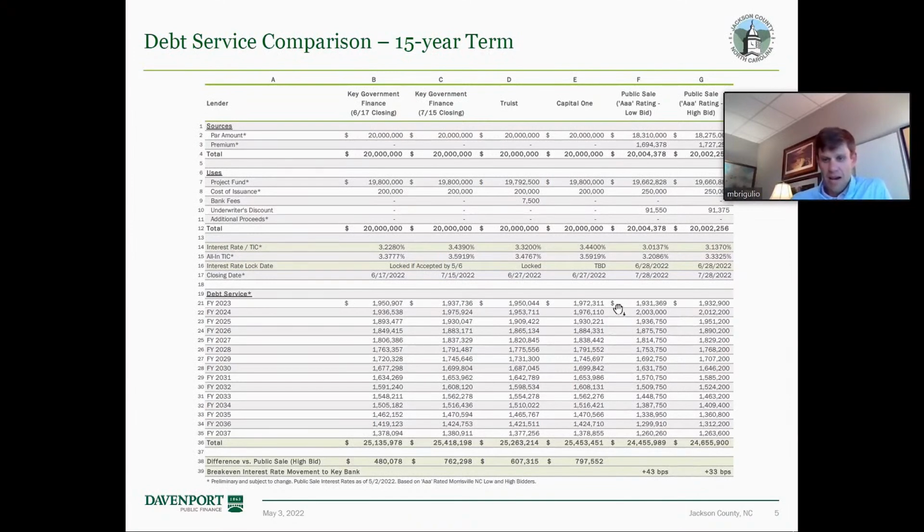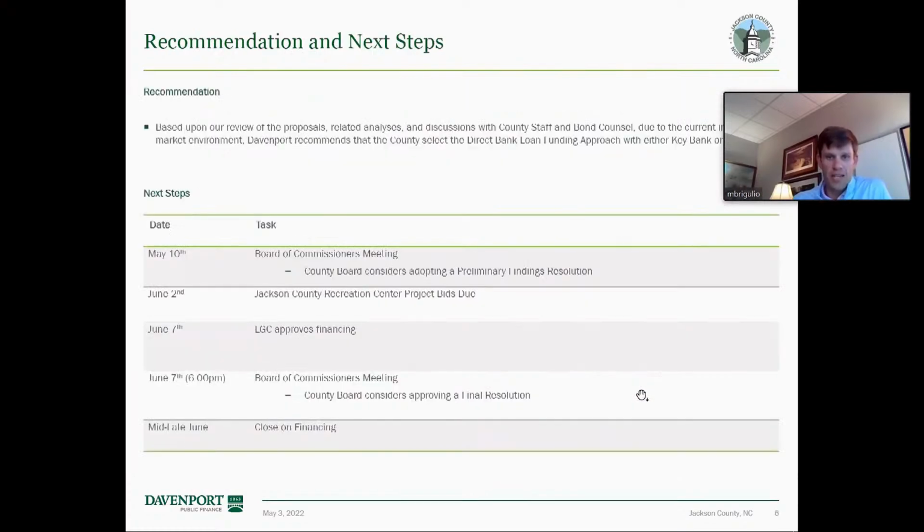Looking at the numbers back on page 5, going from a 3% interest rate to a 3.4% interest rate costs you about $800,000. Okay, so call it around $1 million for a 0.5% difference in the interest rate. Yeah, in round numbers.